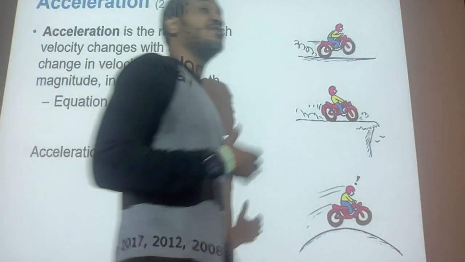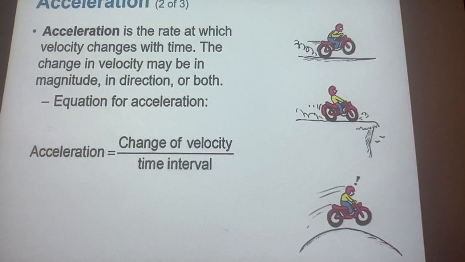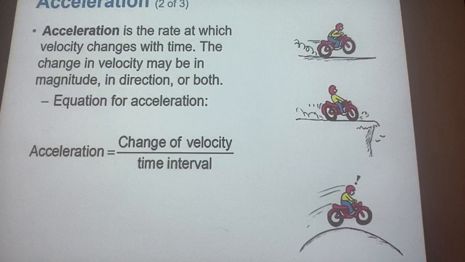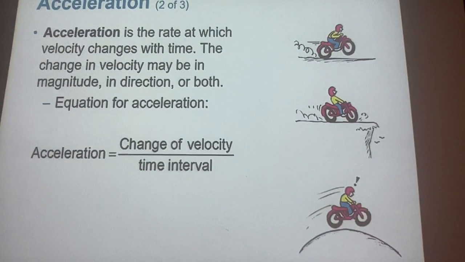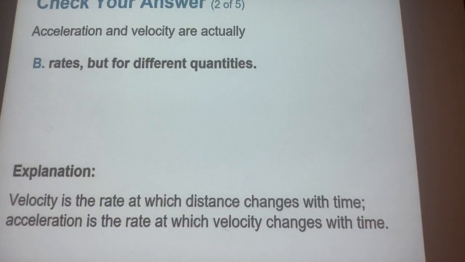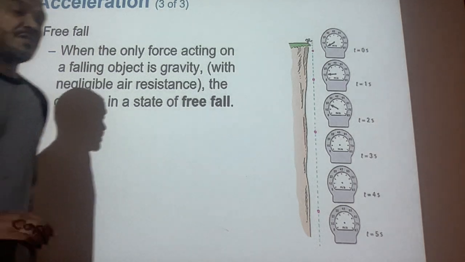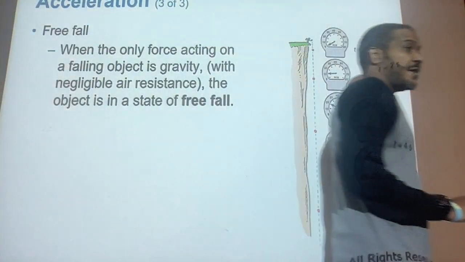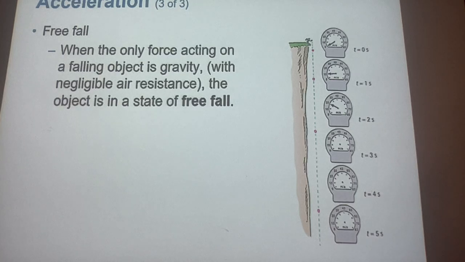So in order for something to accelerate, it has to change velocity, and it does it in a certain time interval. One example of acceleration is free fall. Free fall is an example of acceleration.